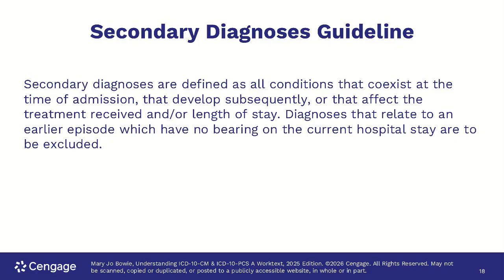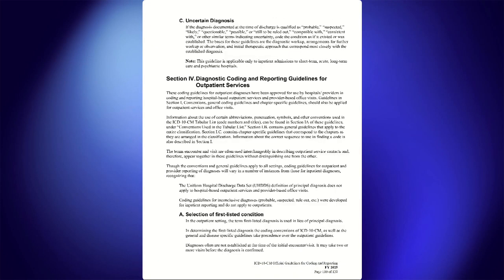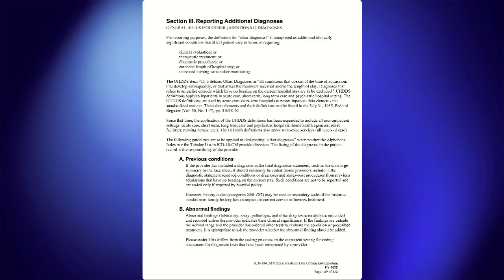In the actual guidelines, and I'll pan back over here for you to see it, at the very top of the introduction to section 3, it tells you that for reporting purposes, the definition of other diagnoses is interpreted as additional clinically significant conditions that affect patient care in terms of requiring, so it needs to meet one of those 5 items.